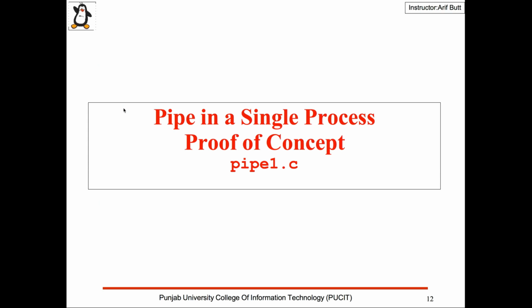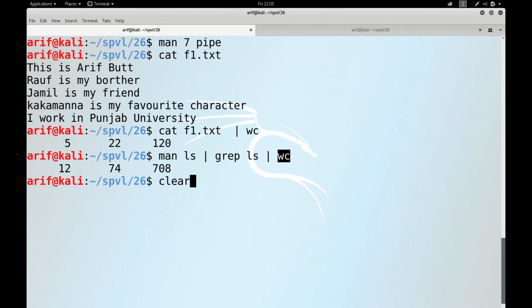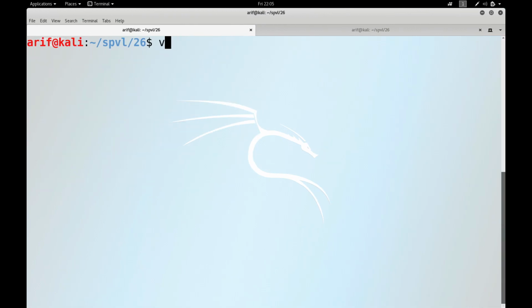Let us move on to the Linux terminal and see an example program that will make us understand the use of pipe as discussed on the last slide. Pipe1.c.